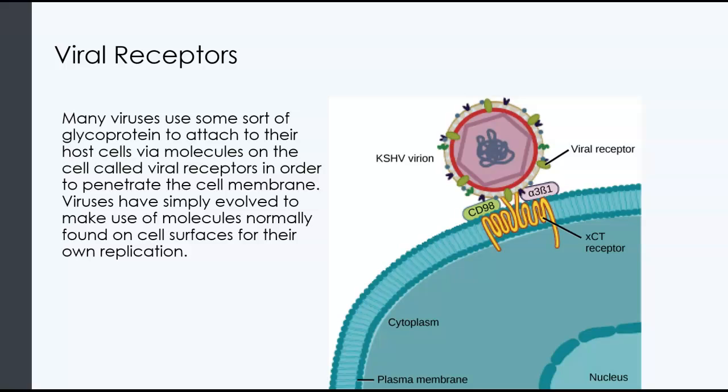So KSHV, the Kaposi sarcoma, was like very dark, flat moles that would appear on the skin of an AIDS patient. Sometimes you would look at someone and you could tell they had AIDS because they had that. That's just how I remember that one. But this isn't just an example of an enveloped animal virus.